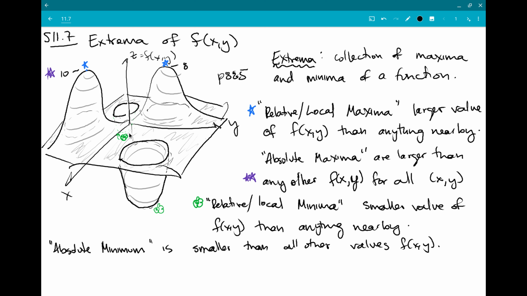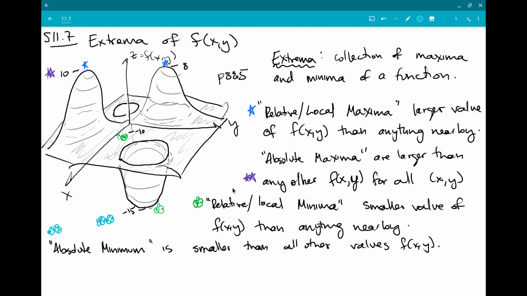So again, if this one was down here at minus 10 and this one was down here at minus 15, then this would be the absolute minimum, because not only is it smaller than anything nearby, but it's smaller than any other value on this surface. So something can be both an absolute and relative minimum. This point right here is a relative minimum. It's smaller than everything around it, but it's also an absolute minimum. It's smaller than that other point over there.